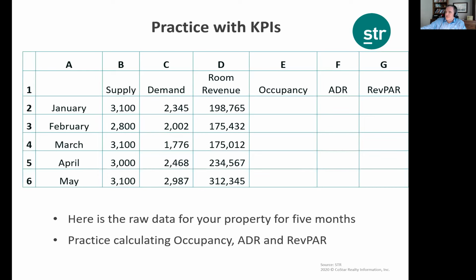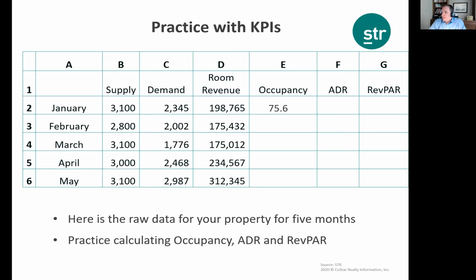For occupancy for January, what would we do? We take 2345, type that in our calculator, divided by 3,100, and we get an occupancy of 75.6. Take time, actually do that. Make sure you got the math down. For the exam, you will need to remember these formulas, and you'll need to do this in the CHIA exam.